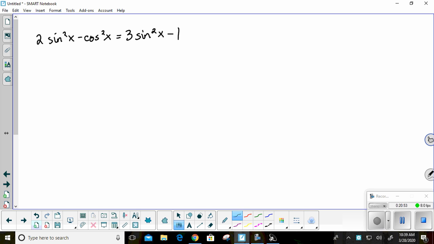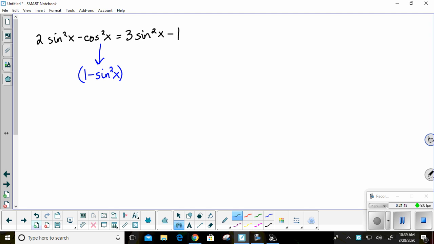So cosine squared x is going to become 1 minus sine squared x, and that is using the trig identity.